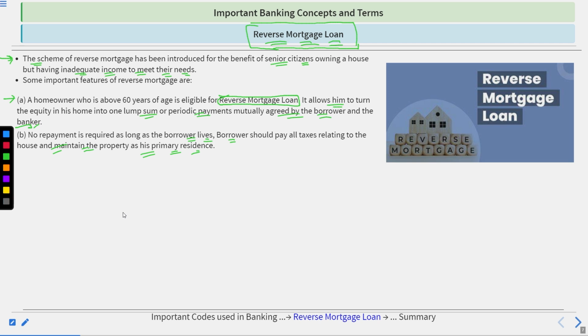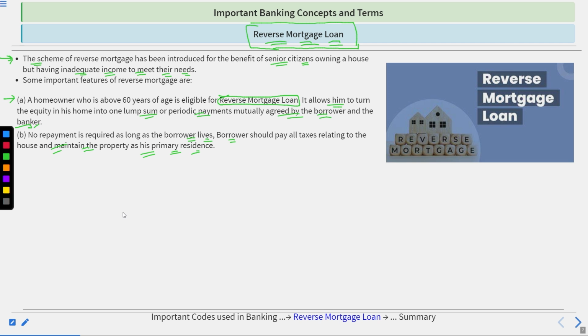These 40 lakhs will be given in small periodic payments over a period as agreed by Mr. X and the bank. For example, 1 lakh per month. Okay. So till the 40 lakhs lasts, the bank will give 1 lakh to Mr. X. And until Mr. X lives, the bank will not require repayment of the amount that has been paid to Mr. X.